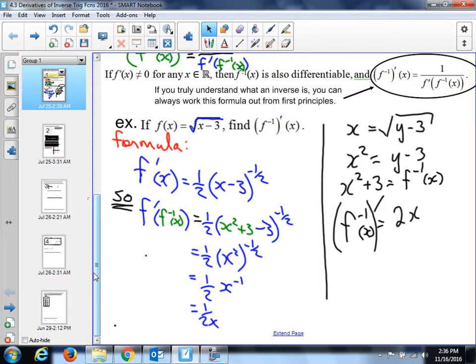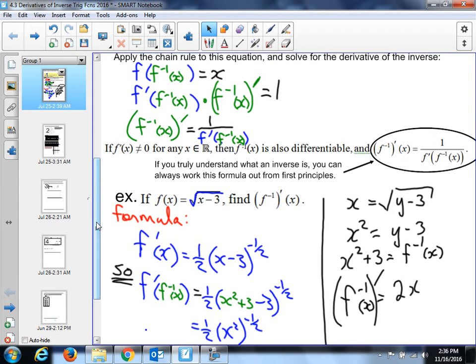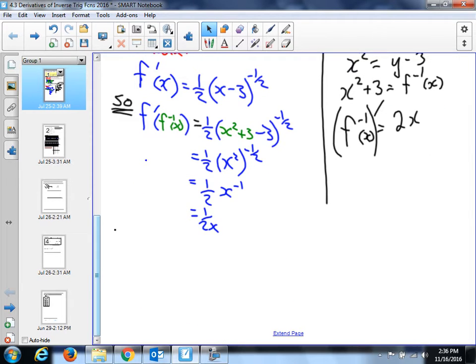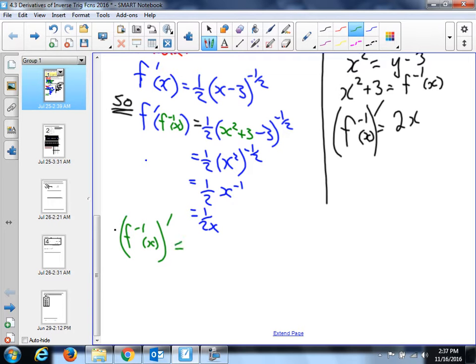Now, see what the formula was? Now I've just figured out what the denominator of that formula is, right? Like I said, this formula way in this particular case is lengthy. It's not going to save you any time. But I want you to just see how this kind of works. The derivative of the inverse according to the formula is equal to 1 over 2x, and we should get the same answer that it was before.